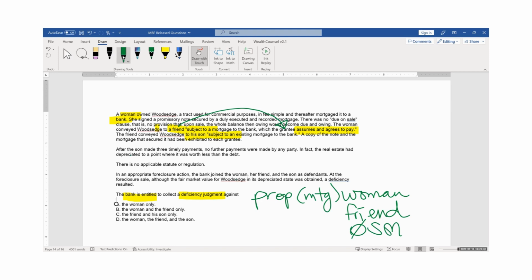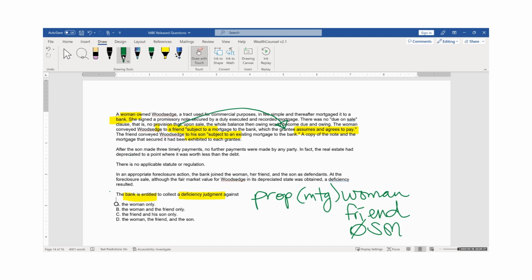A copy of the note and the mortgage that secured it had been exhibited to each grantee. Irrelevant fact, essentially. After the son made 3 timely payments, no further payments were made by any party. In fact, the real estate had depreciated to a point where it was worth less than the debt. There is no applicable statute or regulation.